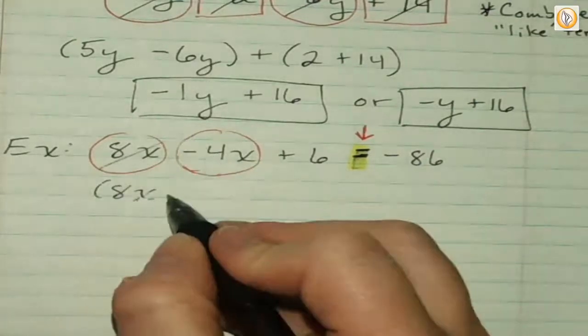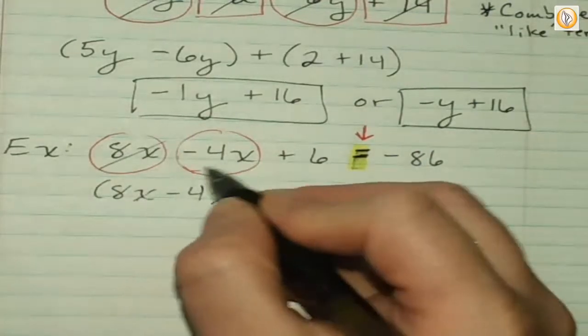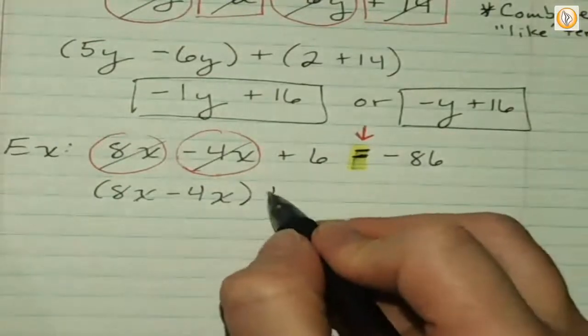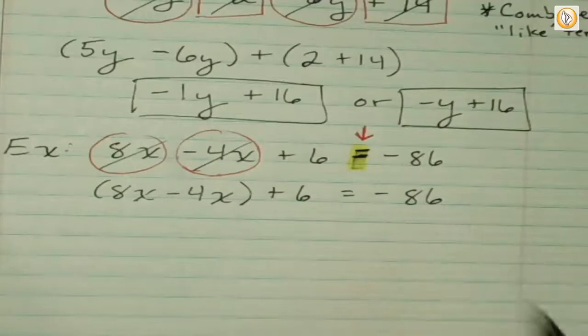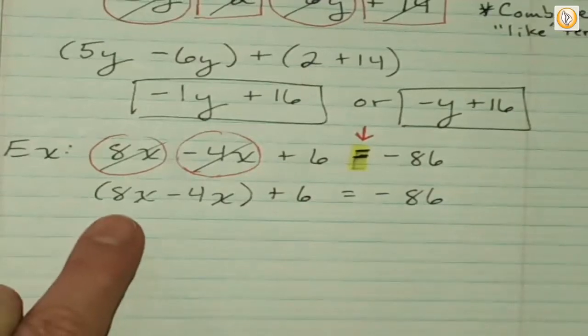So 8x, cross out, minus 4x, cross out, in parentheses, see, I'm rewriting my problem, equals negative 86. All right, what's 8x minus 4x, Emily?